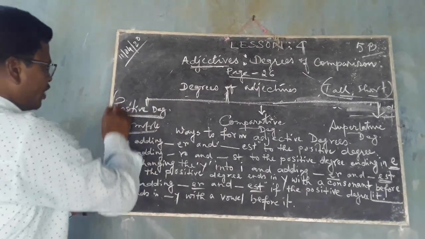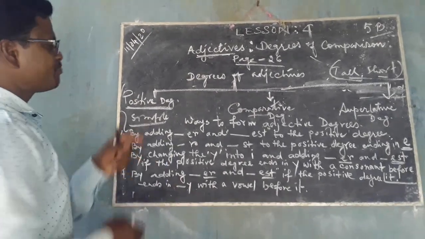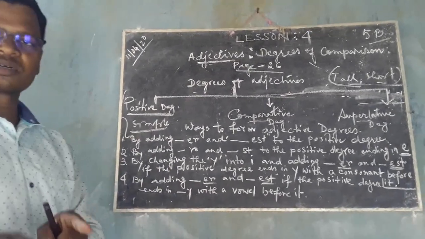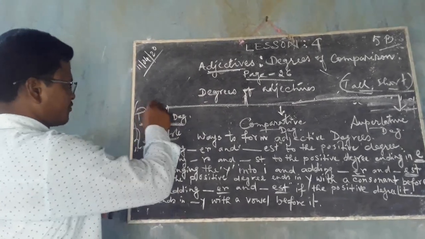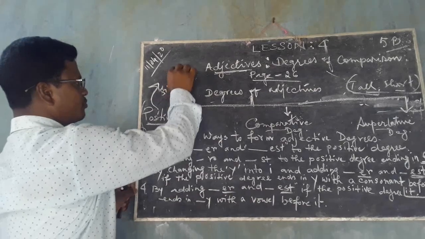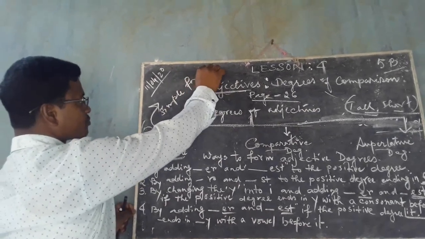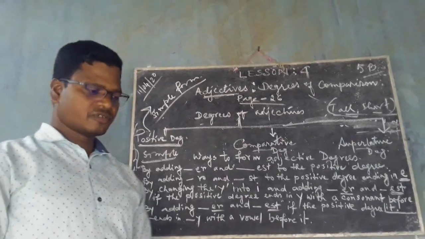Now when we say positive degree, what do we mean? This is the simple form of comparison, the simple form of the adjective. Just listen here. It's a simple form. And the second one is comparative.